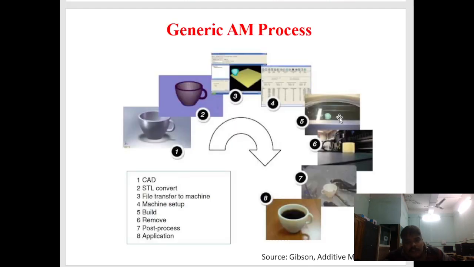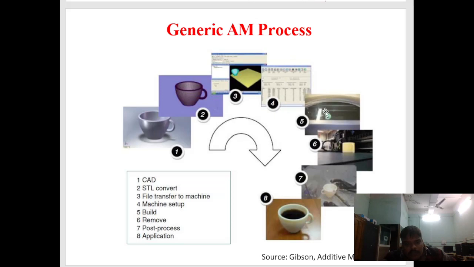Generic additive manufacturing. What are the steps during the fabrication of that cup? First, you have to make the CAD, computer aided design, of the cup. Then that file will be converted into an STL file. Then this file is transferred to the 3D printing machine. Then the building process will happen.